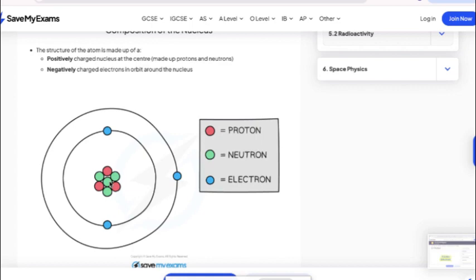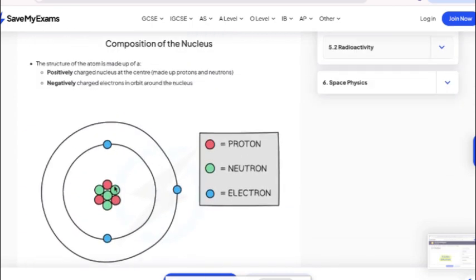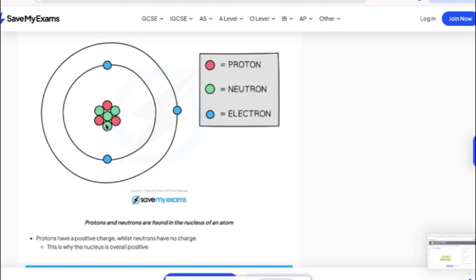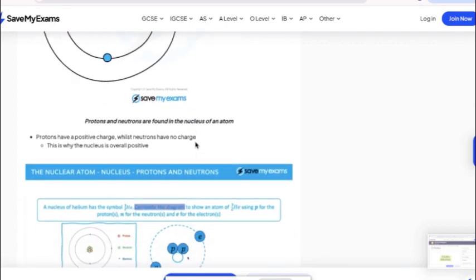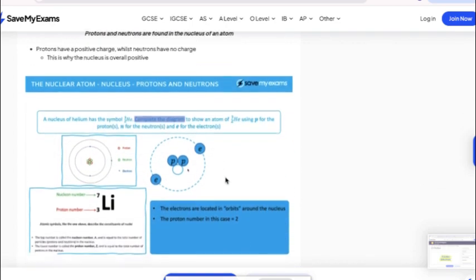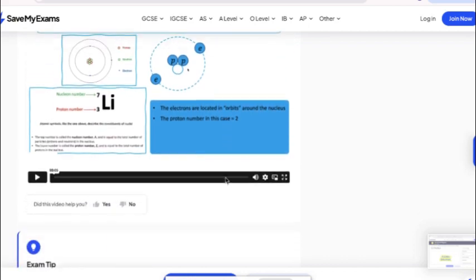So we always have a chemical symbol to represent this. When we write the chemical symbol, we put the proton number, which is the number of protons in the nucleus, and the mass number on top, also called the nucleon number. Okay? So let's take a look at another tutorial and see what it has for us.